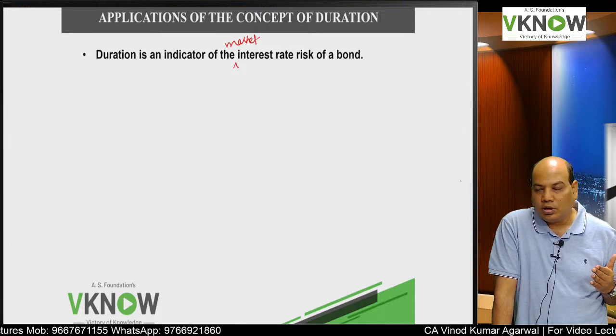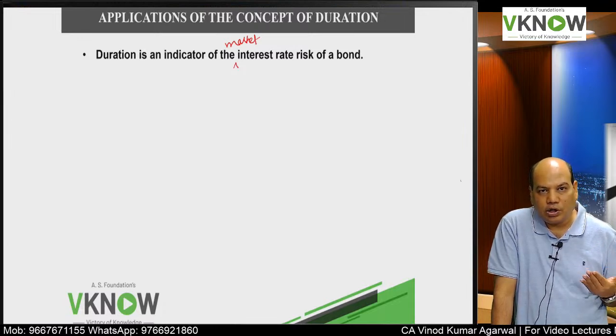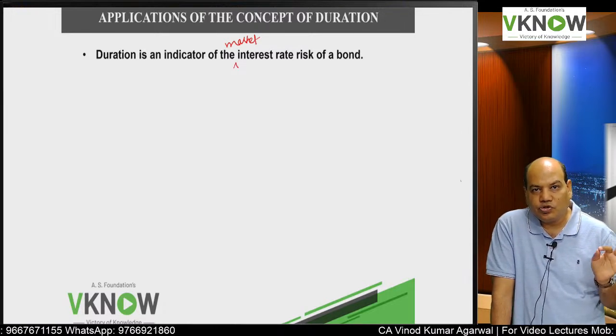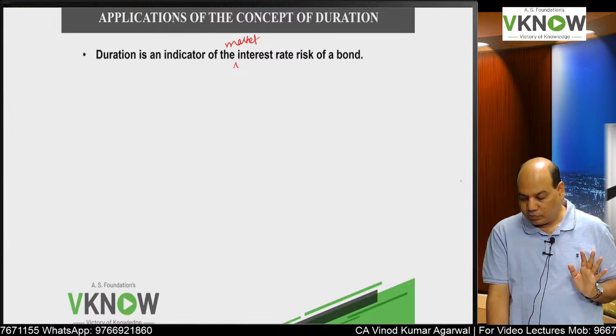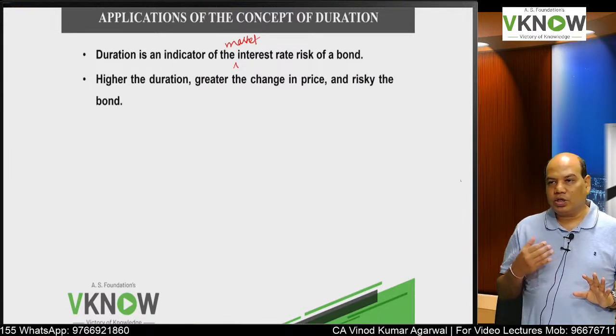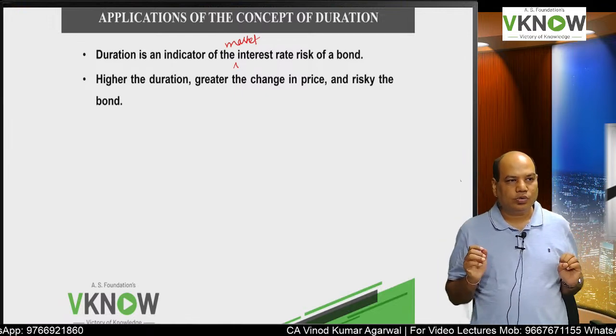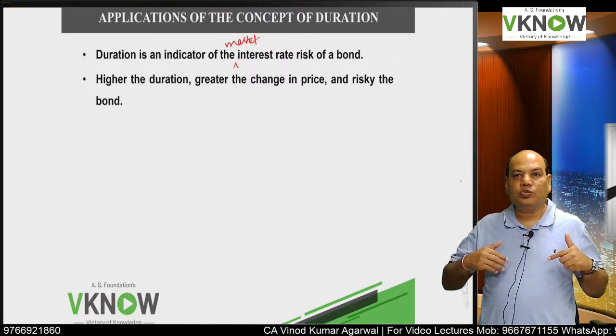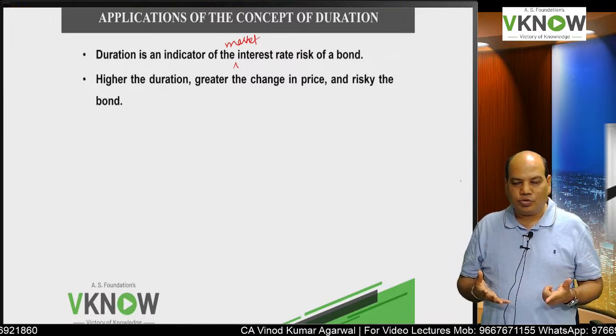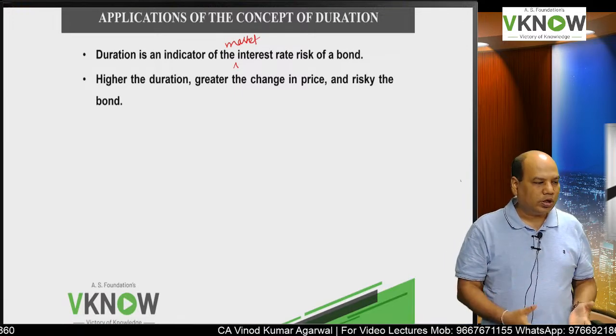Higher the duration, higher will be the change in the value of the bond for a given change in YTM. So that is why, in case if you are a fund manager and you don't want to take high risk, what will you do? Do not invest in bonds with higher duration. Invest in bonds with lower duration.